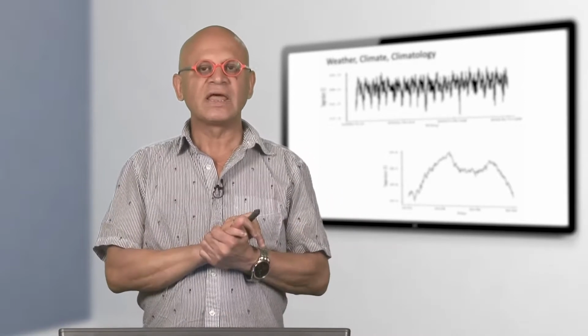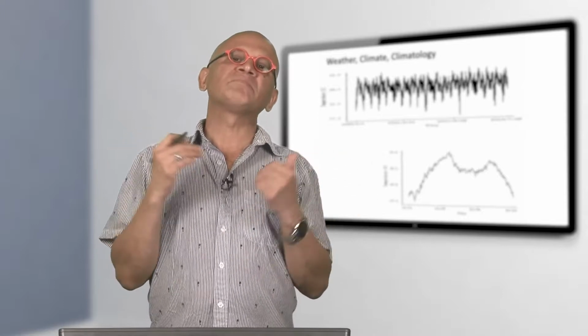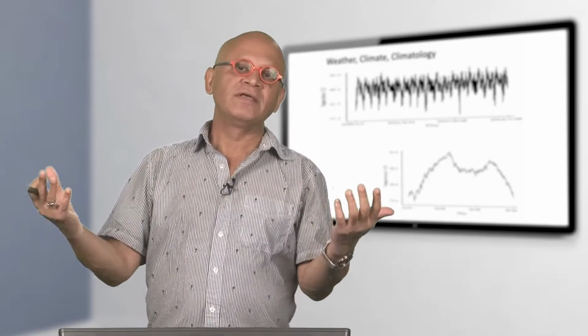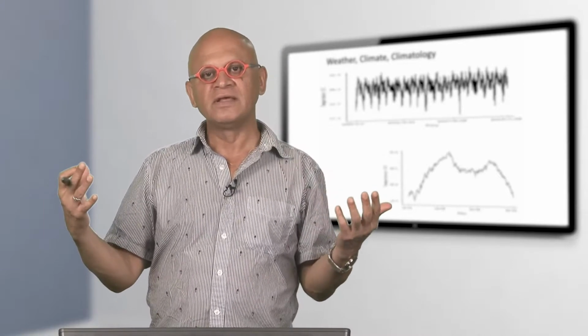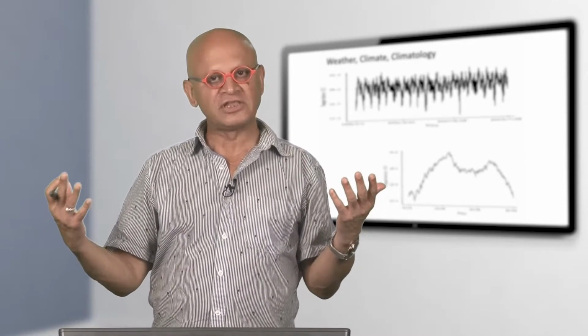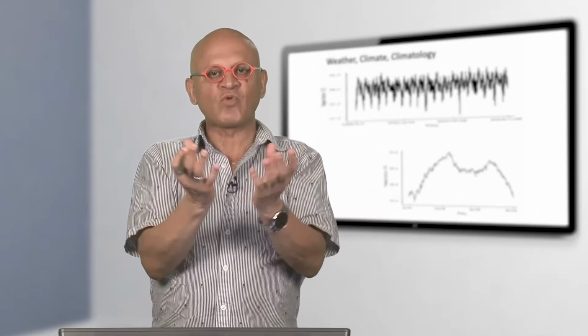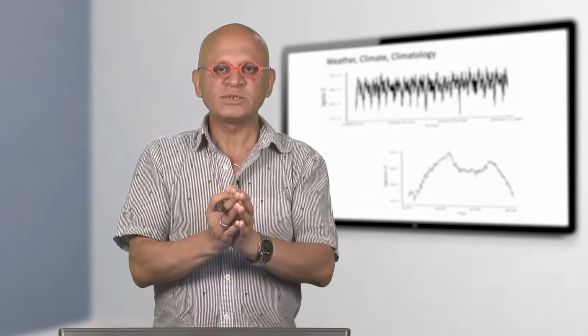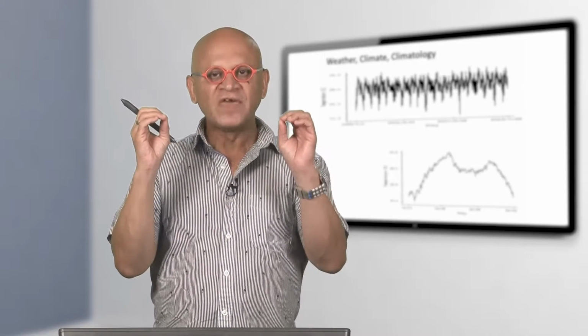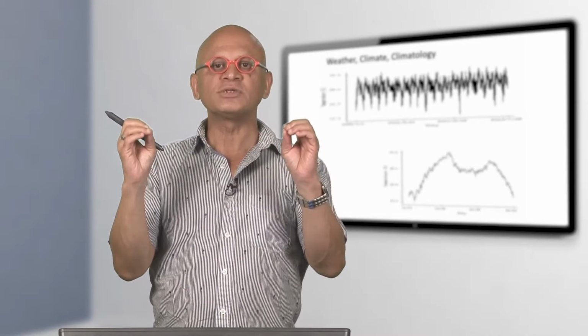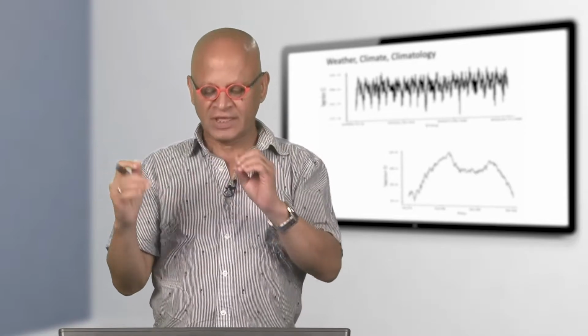So, what is climatology? Typically when you ask somebody what is the climate of Pune, they might say it's mild temperature, not much rain, fog in the winter, and so on. So, it's a collection of quantities. When we say climatology in science, typically we talk about a particular variable, like what is the climatology of temperature over Pune or Mumbai.